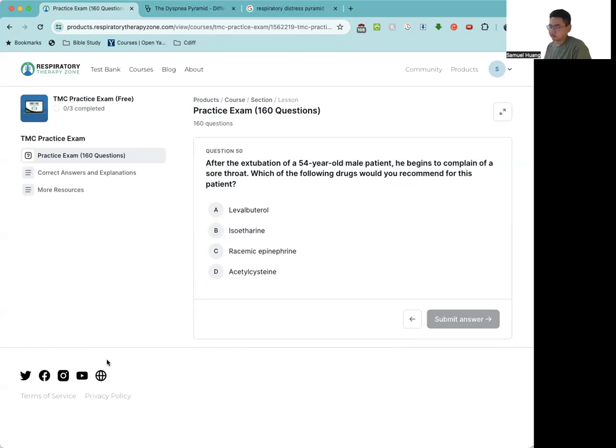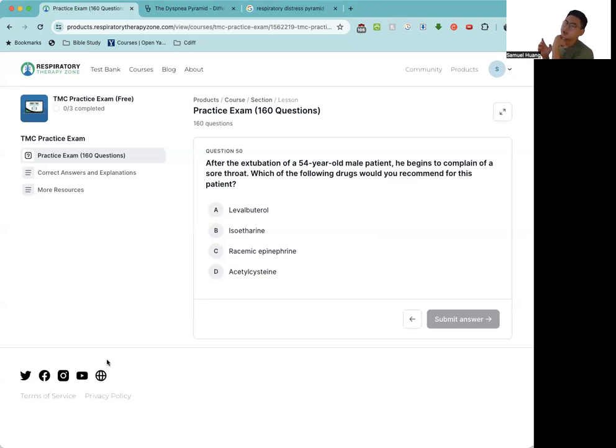After the extubation of a 54-year-old male, sore throat. What does that mean? It could be laryngeal edema. Perhaps you didn't do the cuff leak test properly. When you have the endotracheal tube in and you have a cuff, over time you can start to have some laryngeal edema, swelling. The cuff may not deflate properly.